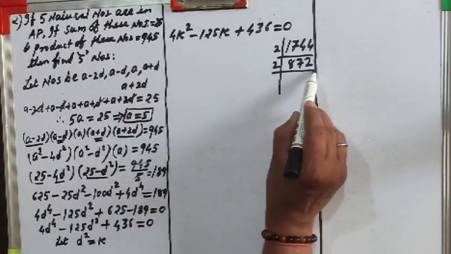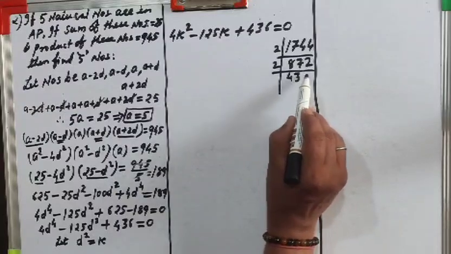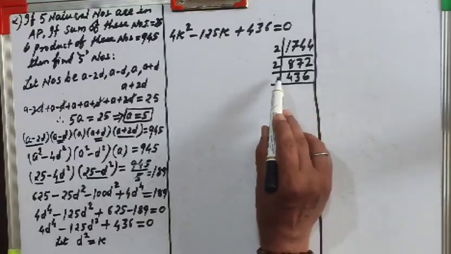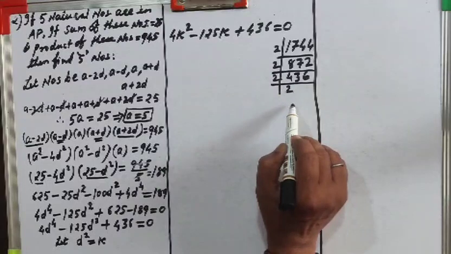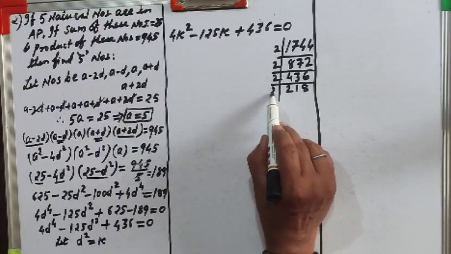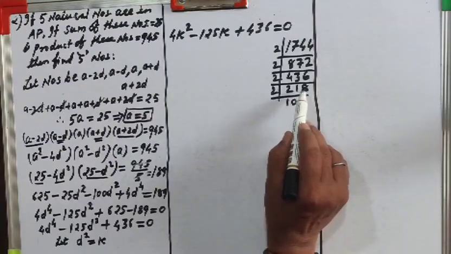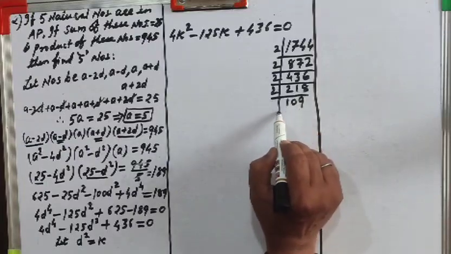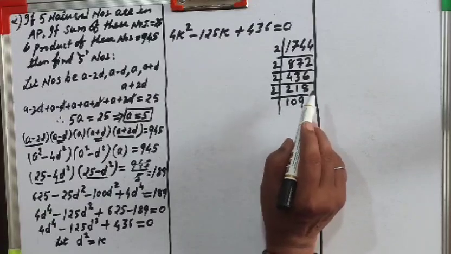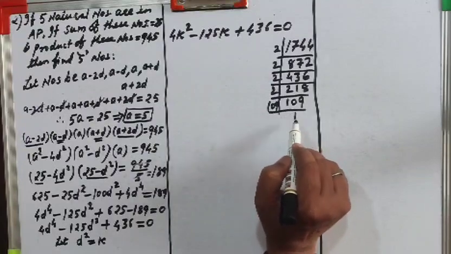Now 2 fours are 8, 2 threes are 6, 2 sixes are 12. Again you can divide by 2, 2 twos are 4, 2 ones are 2, 2 eights are 16. Again we can divide with 2, 2 ones are 2. Now 0 and 2 nines are 18. Now what I feel is that 109 is a prime number. It cannot be divided by any other number.